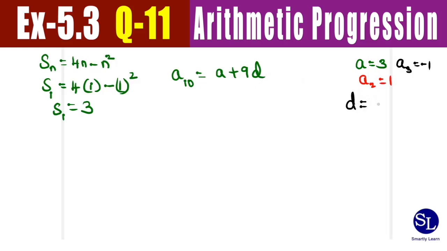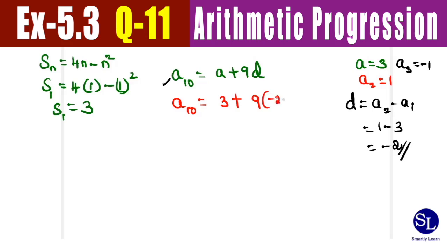So how do you get D? A2 minus A1. So 1 minus 3, in this case it is minus 2. Let's substitute that in this particular formula. So A10 is equal to, A's value is 3 plus 9 into minus 2. So 3 minus 18, which is equal to minus 15. So we found the value of A10 to be minus 15.